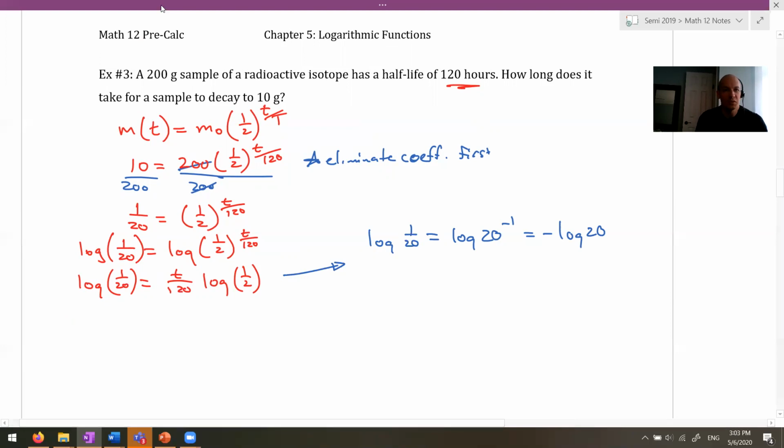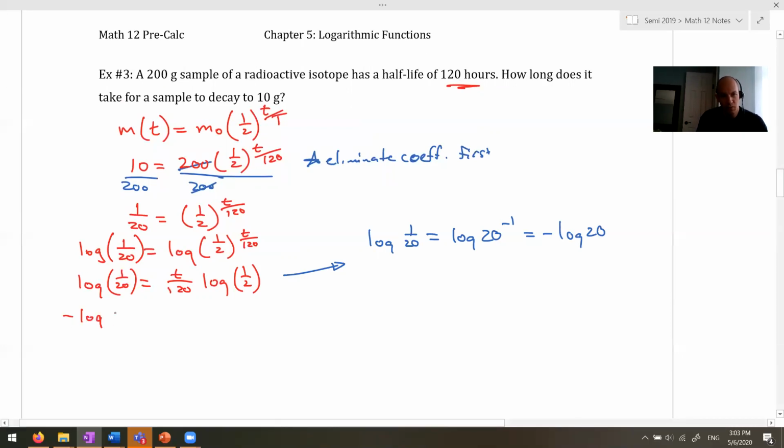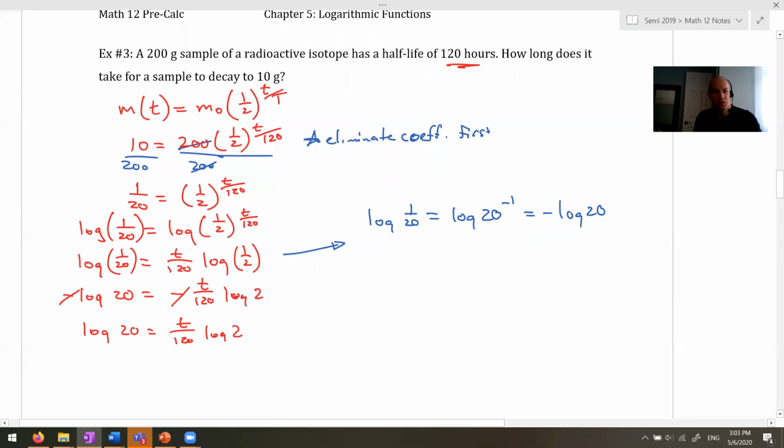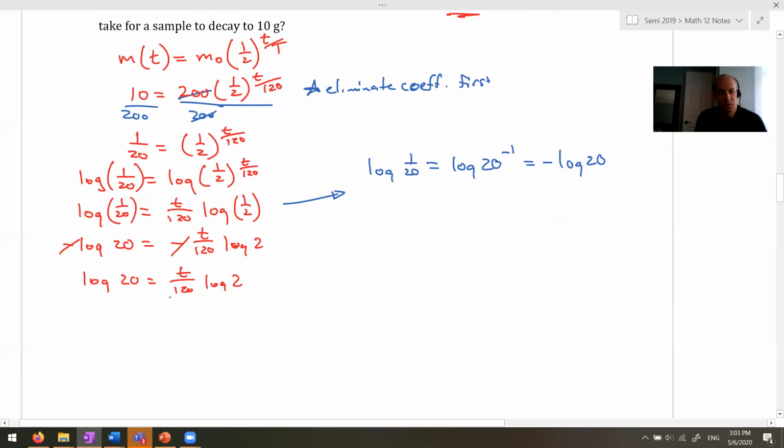So I'm actually going to use this to simplify. This becomes negative log of 20, and this will become negative log of 2. And the negatives actually cancel out, which is really interesting. So you can go log of 20 equals t over 120 log 2. So we actually just found a way to get rid of both of the reciprocals.